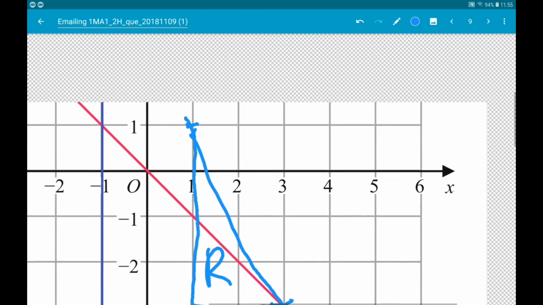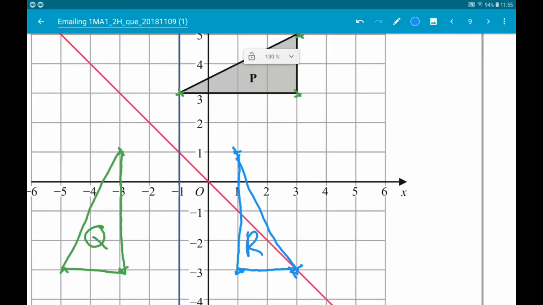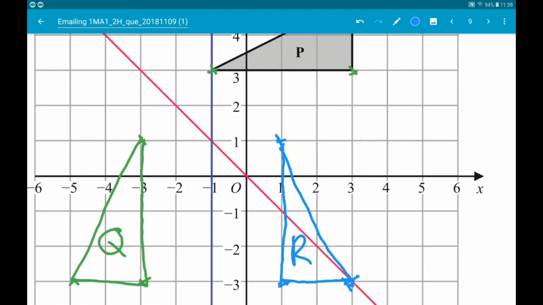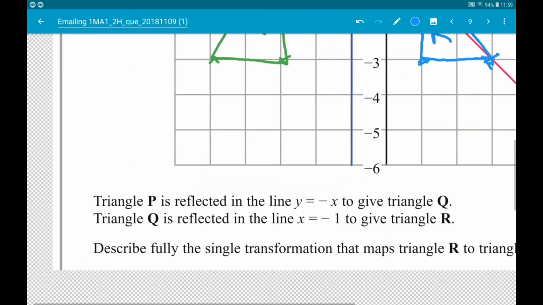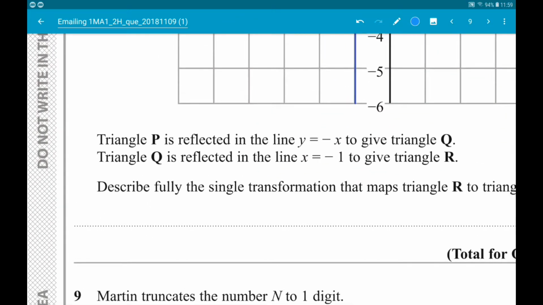Now we want to know how can we transform that to give triangle P. So we can see it's going to be a rotation. Now with a rotation we need to know two other things. We need to know, well actually, three other things.